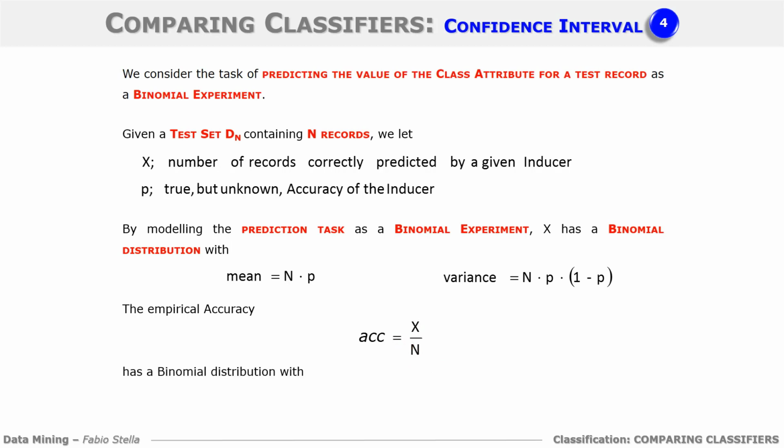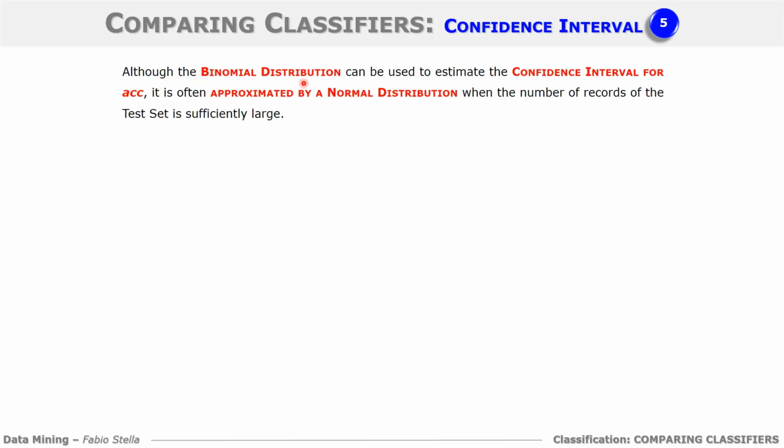will be a random variable having a binomial distribution with mean equal to p and with variance equal to p times (1 minus p) divided by N. Although the binomial distribution can be used to estimate the confidence interval for the empirical accuracy, it is often the case that we prefer to approximate the binomial distribution by a normal distribution, and this can be efficiently done when the number of records of the test dataset is sufficiently large.